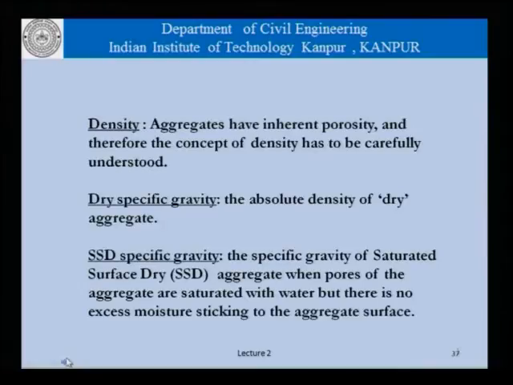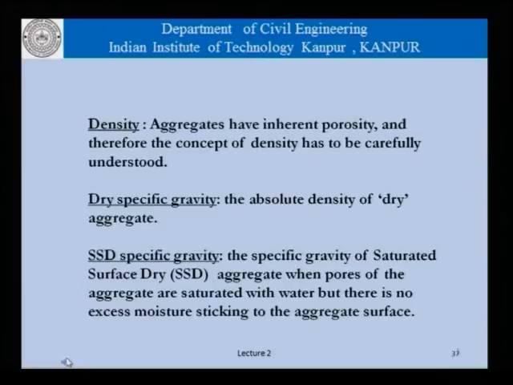The dry specific gravity is the absolute density of dry aggregate. That is, there is no water in the aggregates, and we determine somehow the volume of the solids in the aggregate, we determine the mass, and we determine the dry specific gravity.